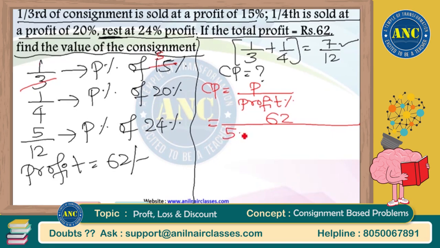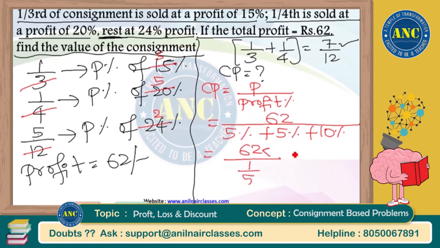It is 5% plus 1/4 into 20, it is again 5% plus 5/12 into 24. 12 into 1, 12 into 2. What is 2 into 5? 10%. Cost price is 62 divided by 5 plus 5 plus 10 is 20%. 20 is 1/5. 62 into 5. It is 310 rupees.